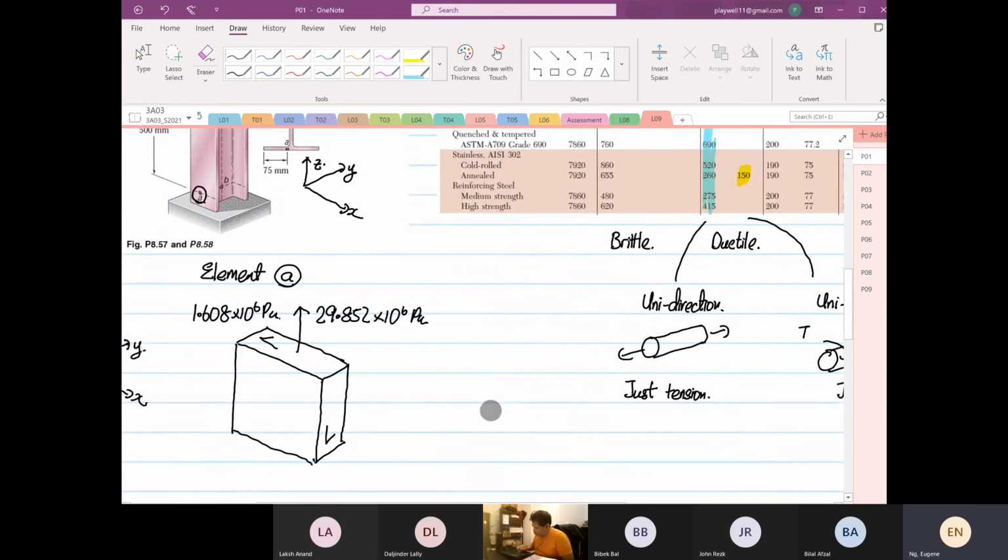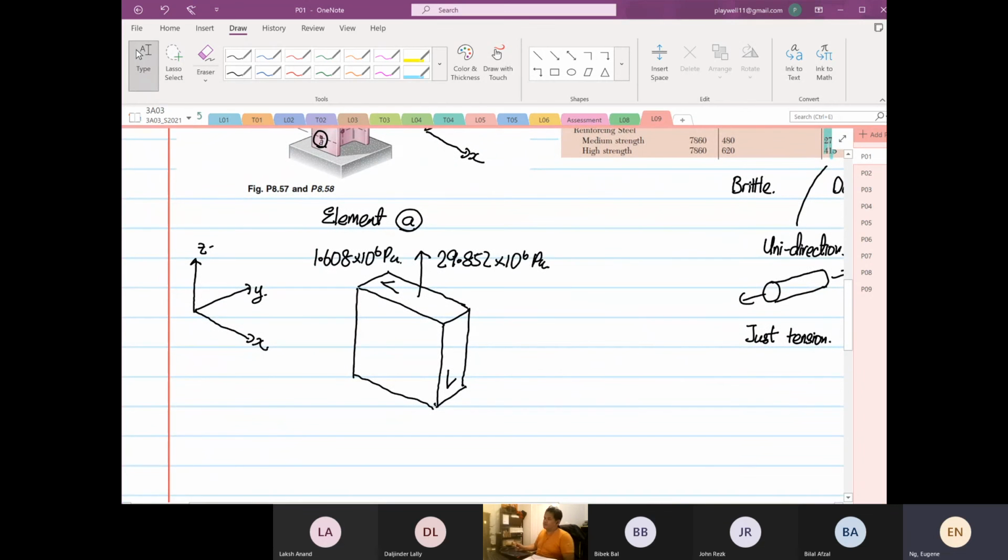right? But our structure, in reality, our element is under both tension and shear, right?